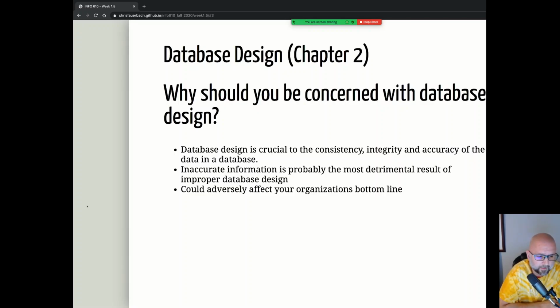And the worse it's designed, the easier it is for you to make a mistake when you're looking at data for your company. And this could conversely affect your organization's bottom line.